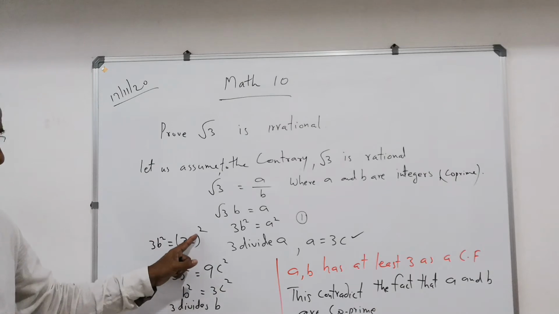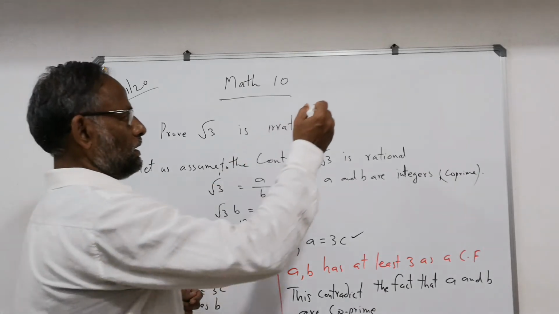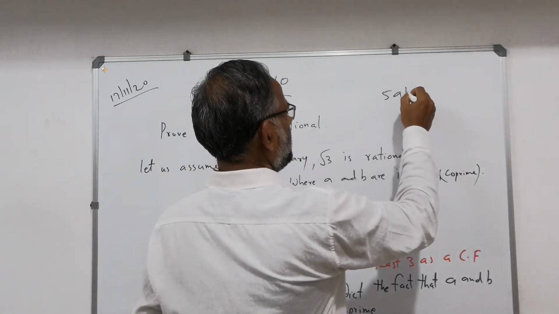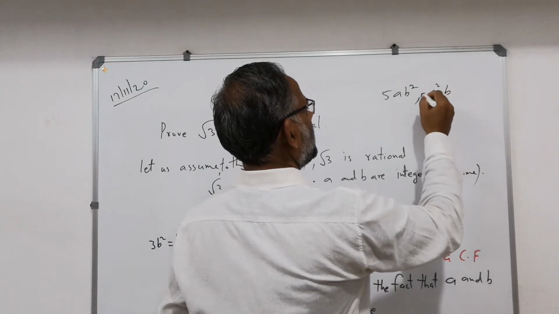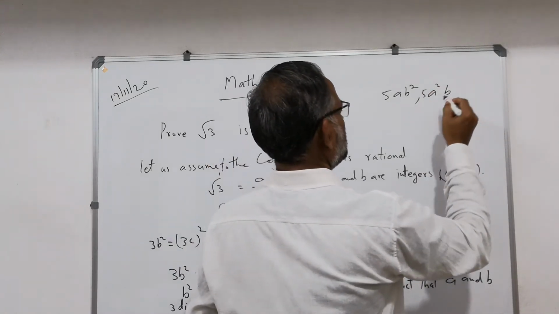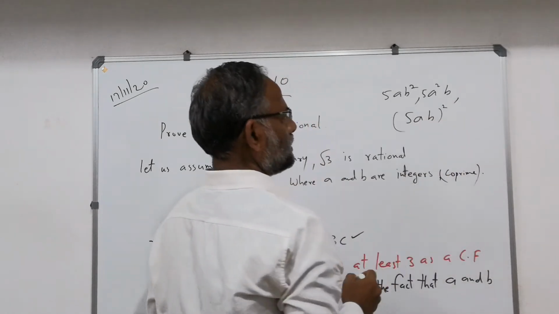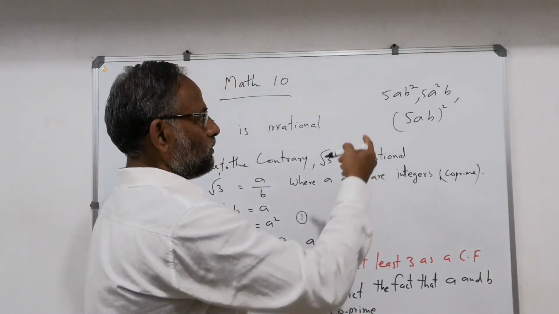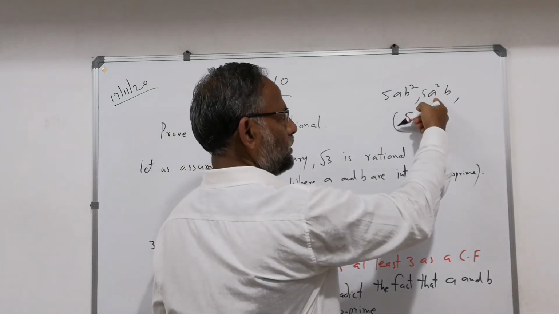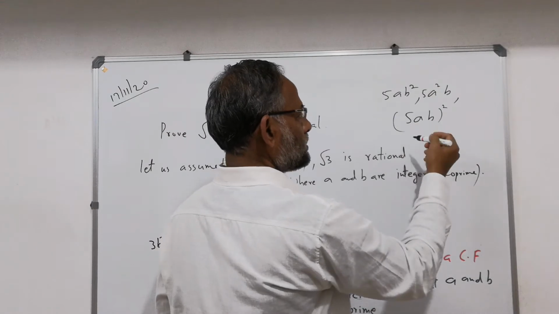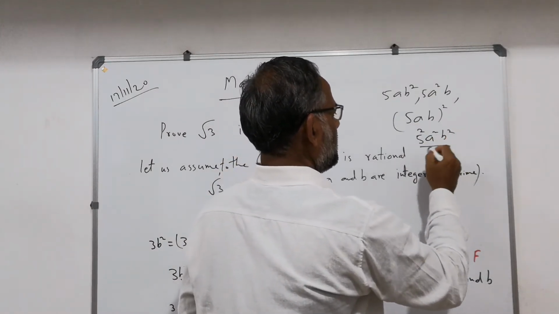Understand this: 3C square is different from 3C whole square, you know that. Similarly 5AB square, 5A square B, and 5AB whole square, these all are different. 5AB square means 5 A B B, 5A square B means 5 A A B, and 5AB whole square means 5 square A square B square.